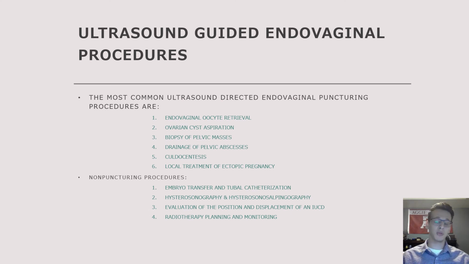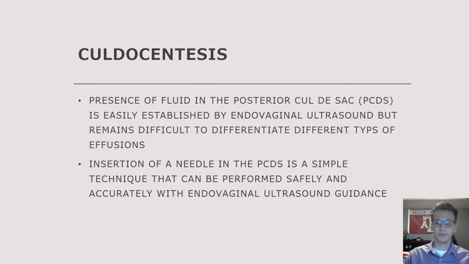Non-puncturing procedures would be embryo transfer and tubal catheterization, hysterosonography, and hysterosalpingography, I think that's how you say it, evaluation of the position and displacement of an IUCD, and radiotherapy planning and monitoring. However, in the next few slides, we're just going to go over the few that were most important to the chapter ahead. We're going to focus on culdocentesis.